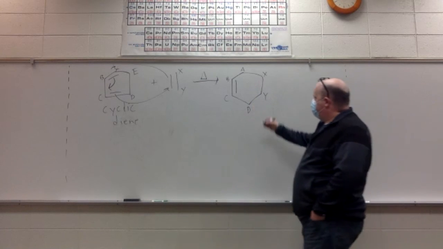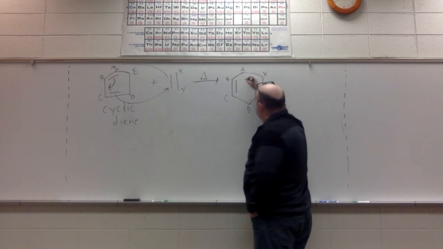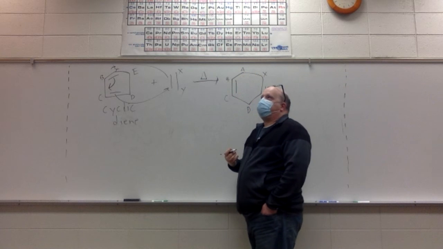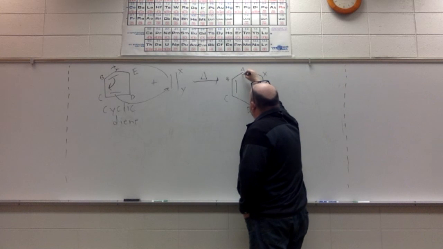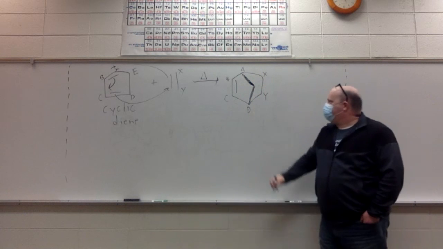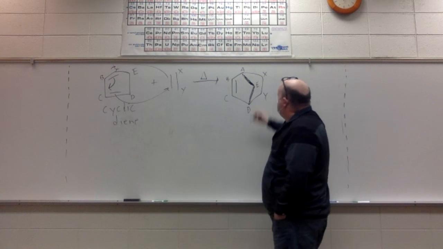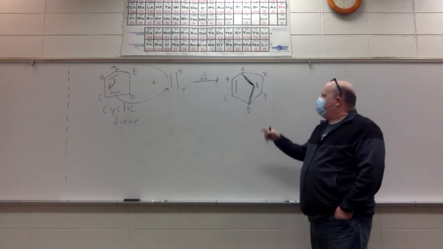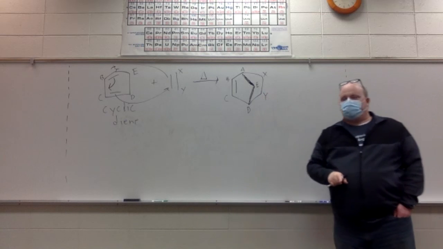Right? We can represent that a couple of different ways. Here's the bad way. I won't say bad. Here's the less good way. All right. There's E right over there. E never came apart from the other carbons, right? But it's going to be located in a different plane than that new 6-membered ring.